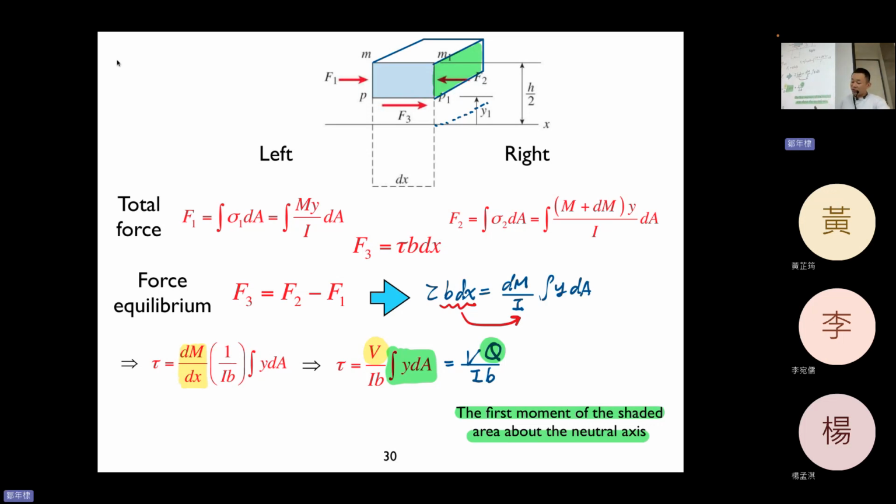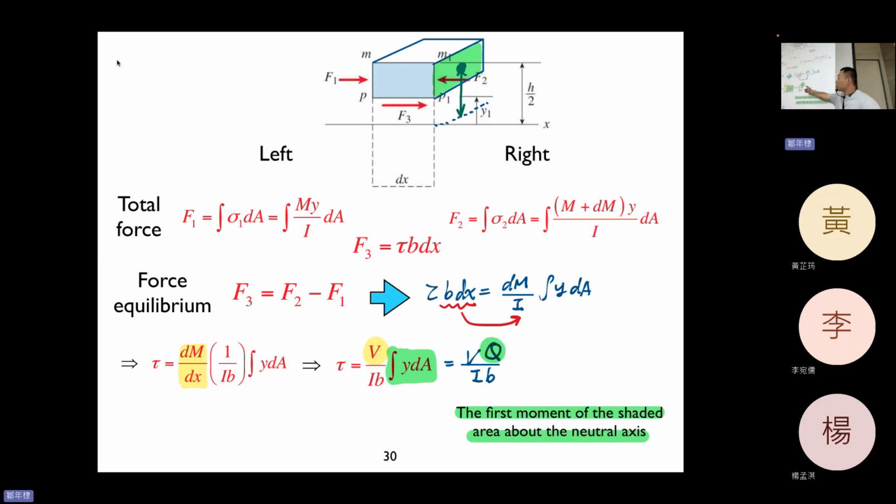What is the first moment? Now the green shaded area, the moment about the neutral axis. What is the neutral axis? This one, right? And then the centroid of the green area times the area times this length.